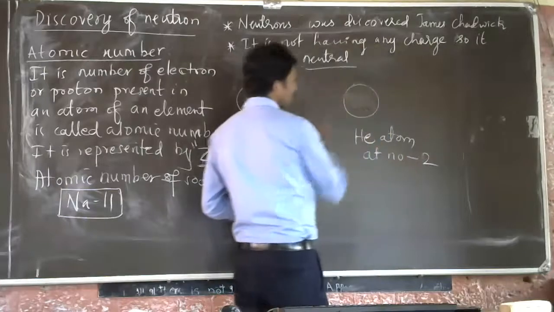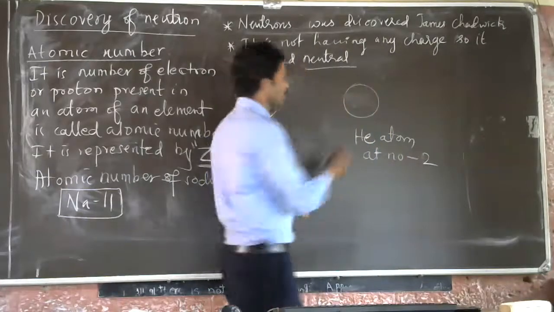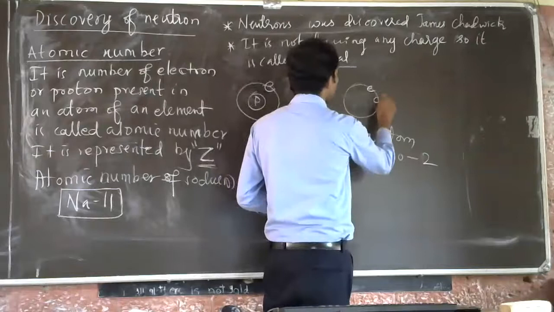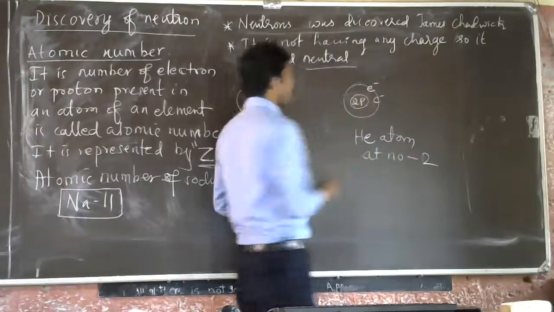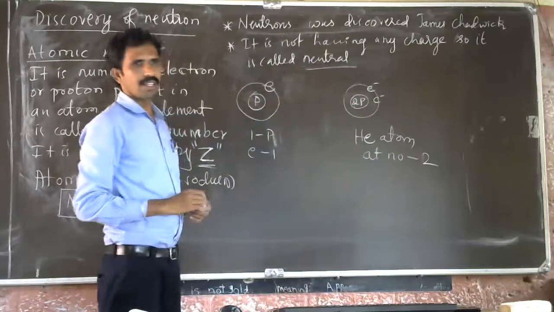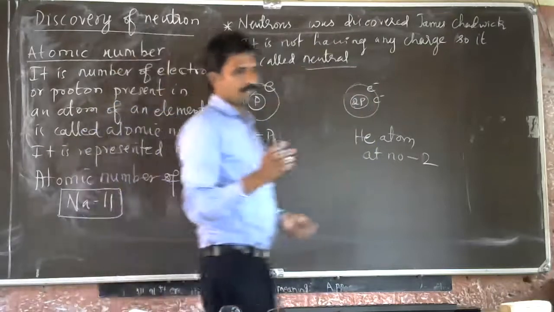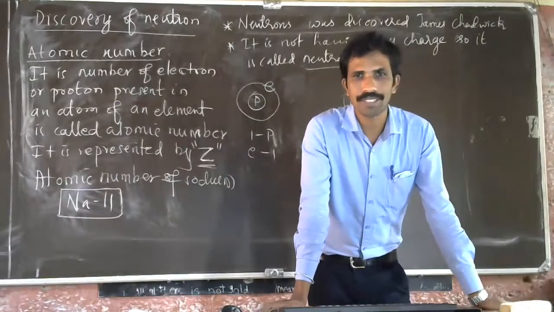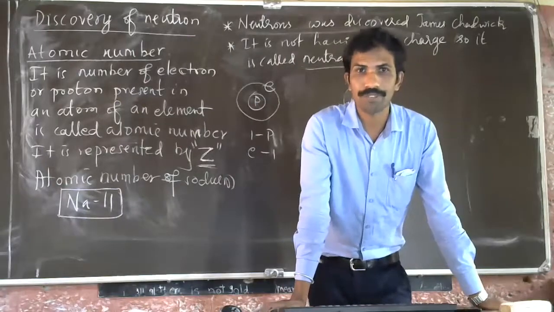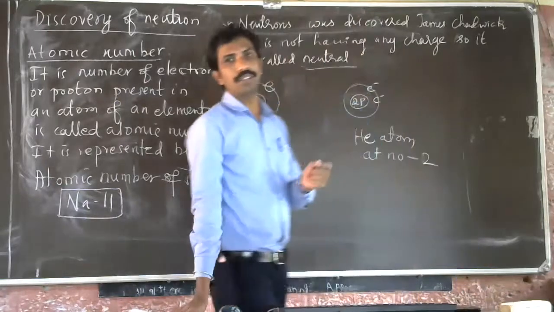It contains 2 electrons and 2 protons. So I told you, atomic mass number is nothing but the number of neutrons and protons put together.